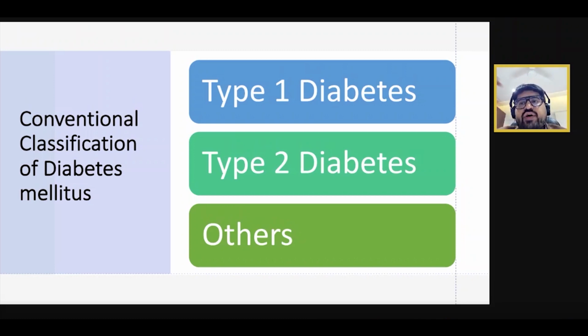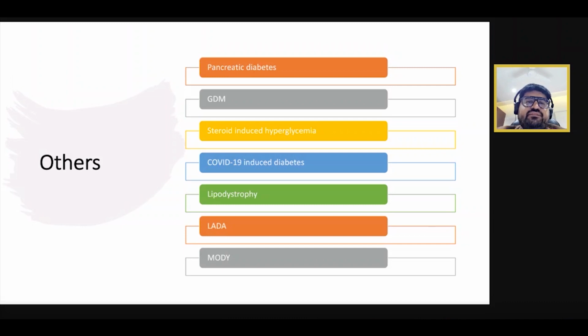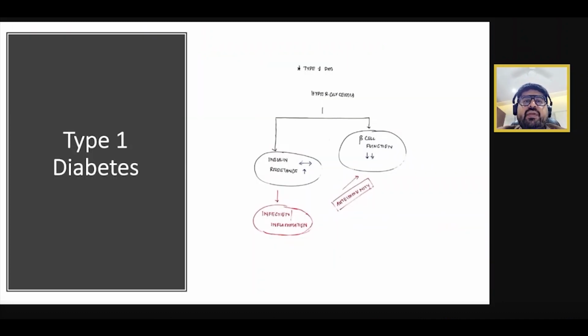I'll first try to make you unlearn, or see the conventional diabetes classification from our fundamentals, and then we'll try to reclassify it in a different way. The other forms of diabetes are pancreatic diabetes, just to name a few. There are many: gestational diabetes, steroid-induced hyperglycemia, now COVID-induced hyperglycemia, lipodystrophies, LADA, MODY, everything.